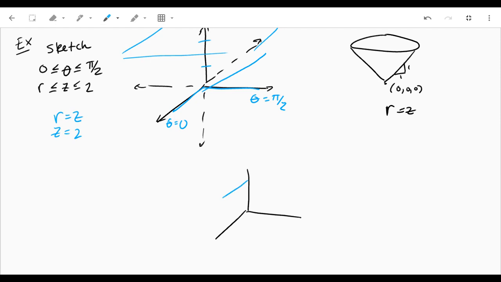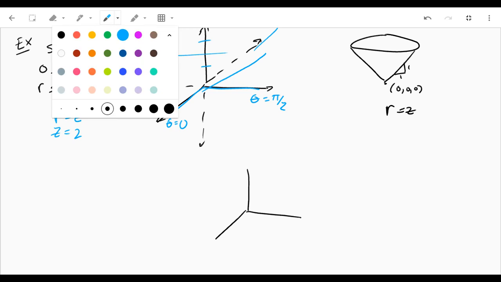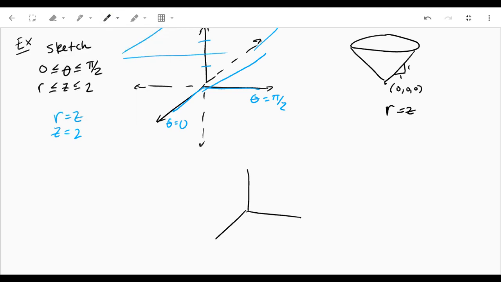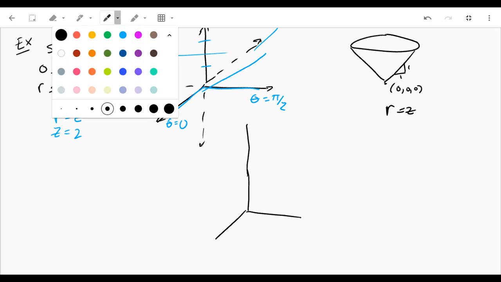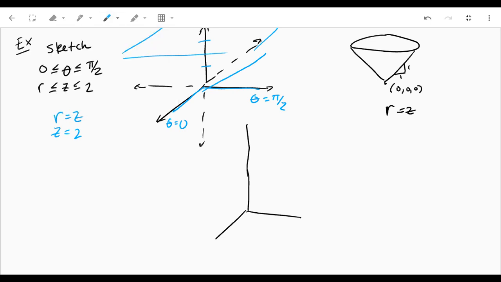Okay, so we'd want to think about this cone. I'm going to draw that a little higher up. My fault. Let me fix it. Okay, there we go.